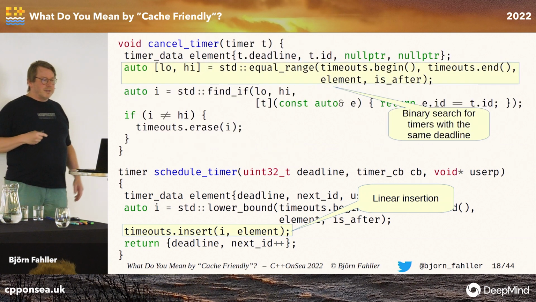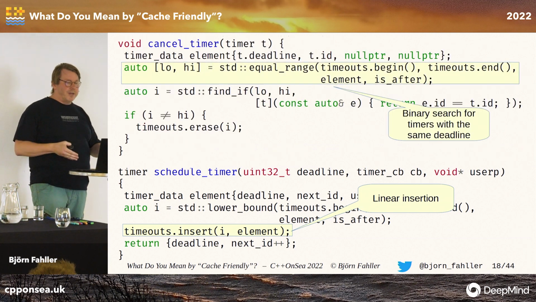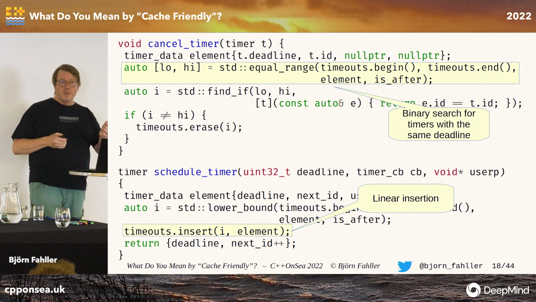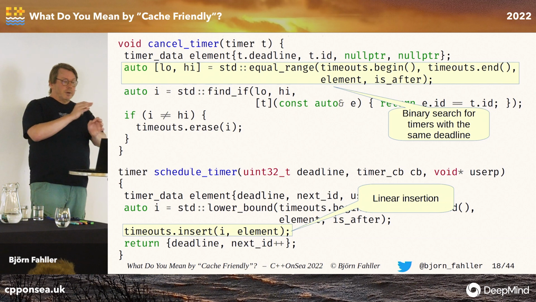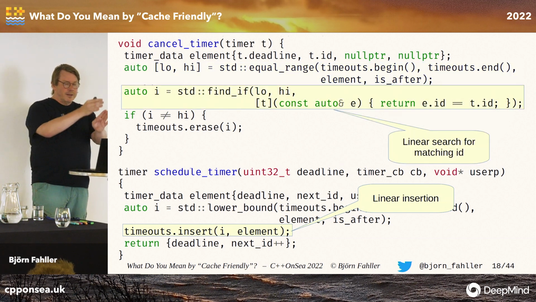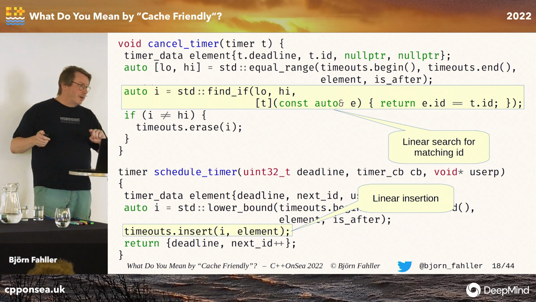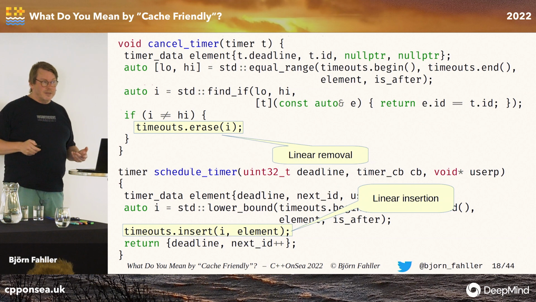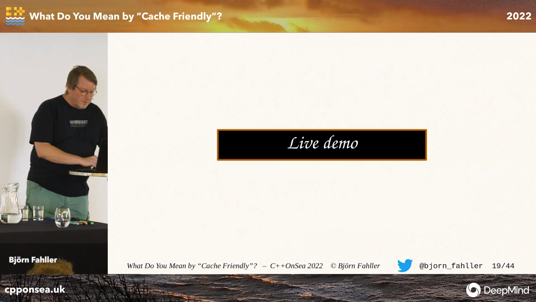And cancel timer is similar. I use equal range here because we can have several timers with the same timeout time. So I use equal range to find where the timeout time is, and then in that range I do a linear search for the timer ID. And then we can erase the entry. So let's have a look at this one.